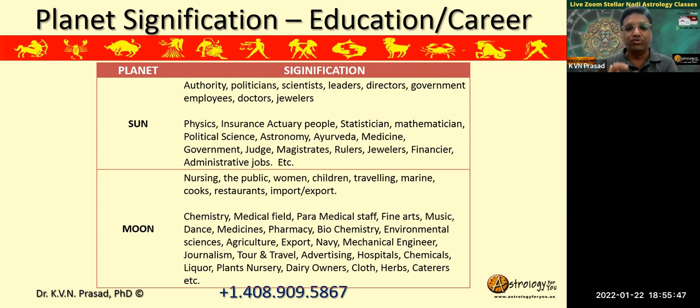Say, for example, if somebody is doing engineering or a graduation like BCom, BSc or whatever, 3 years, the first year they might not have studied well, having some arrears. And then as they progress, they would have picked up and done well, or vice versa. In the first year somebody would have done very well, but in the second, third and fourth year their graph would have come down. See those dasha combinations and then see these nadi numbers and how that is playing around.